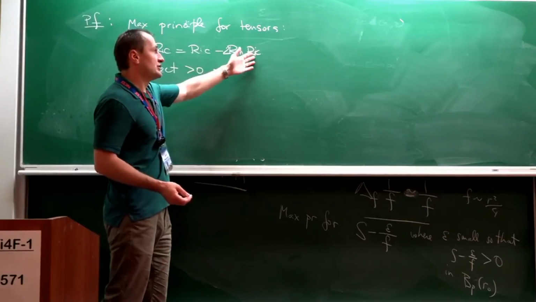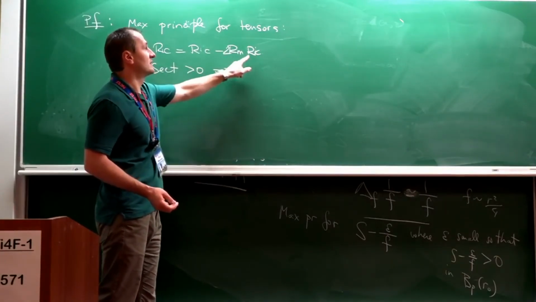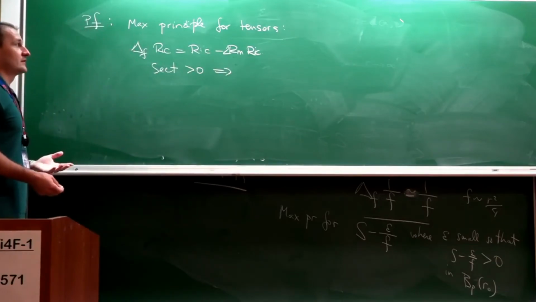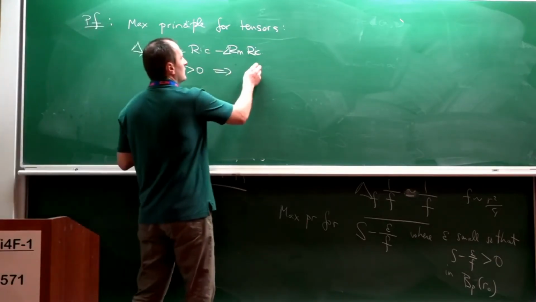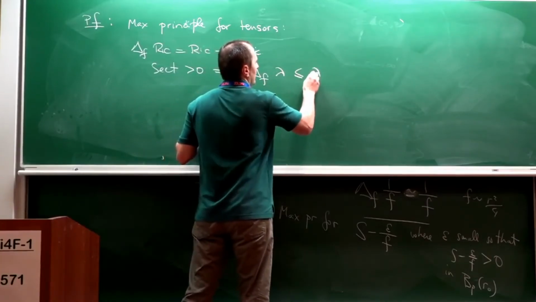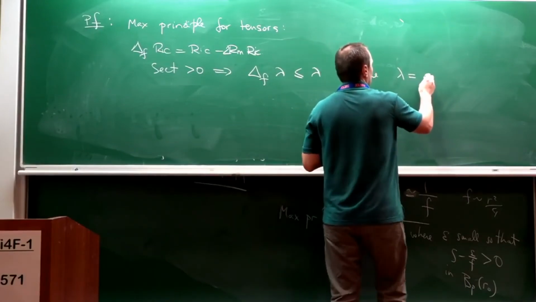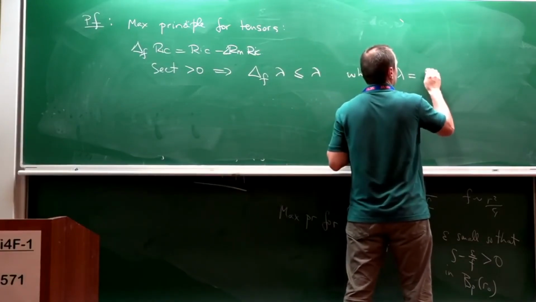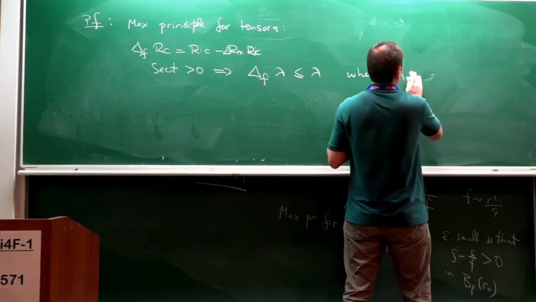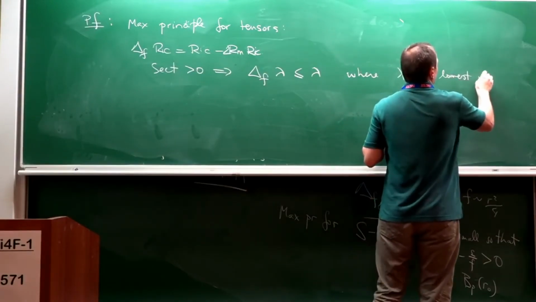And therefore, Ricci will also be positive, and the sectional curvature will be positive. So therefore, I have lambda of x, the lowest eigenvalue of Ricci.